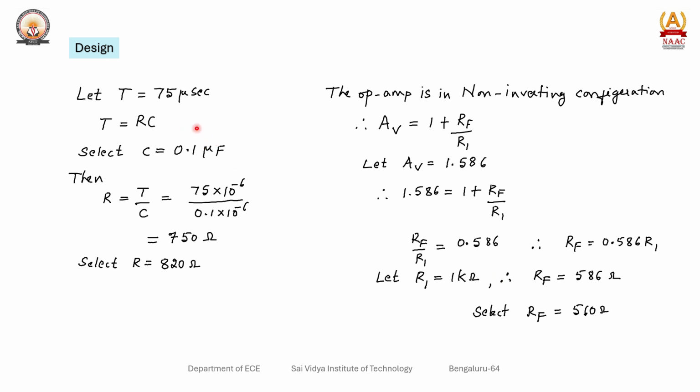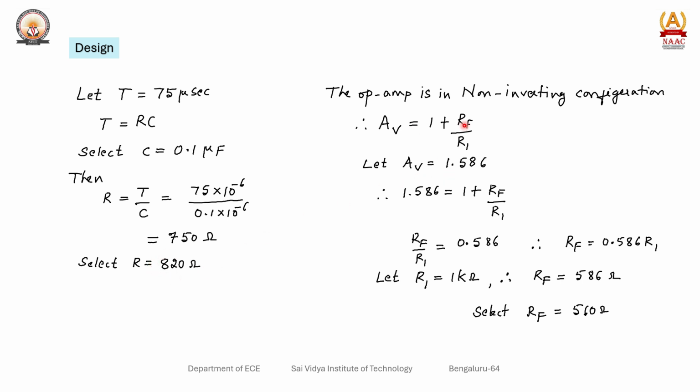For pre-emphasis and de-emphasis RC components, the standard value of T is taken as 75 microseconds. Assume the capacitor value as 0.1 microfarad, and substitute to find the value of R. On substituting the values of T and C, we get the value of resistance approximately as 750 ohms, but 750 is not available. The next standard value is 820.